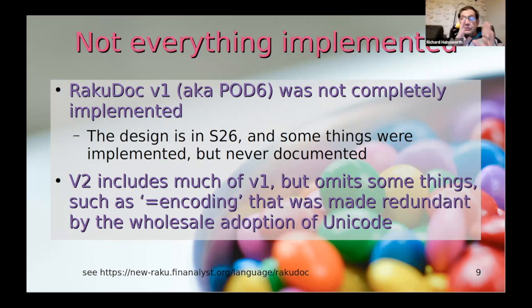It doesn't need to be. You'd give it a name, and then you would give it a textual meaning. So you would write out the whole of the terms and conditions in RakuDoc after that.